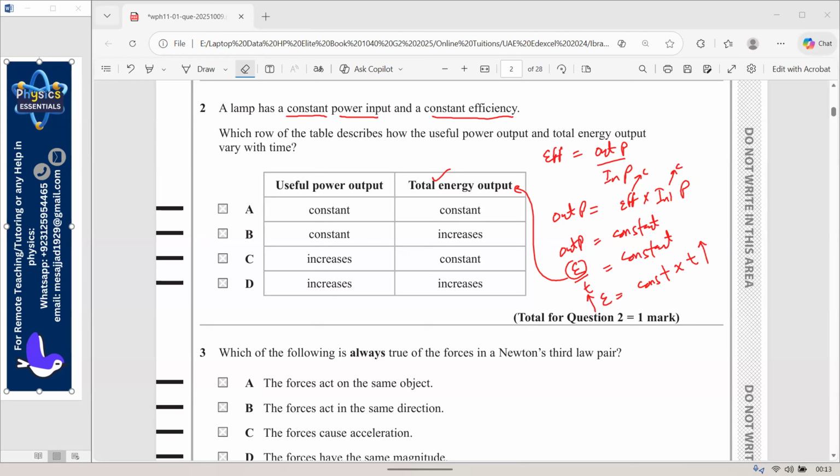That is called power, because power is energy over time. Rate of consumption of energy is called power. So power is always constant for anything, because a bulb, engine, gadget, it always consumes power at a constant rate. So that is always constant, whereas the energy output keeps on increasing if you're using it for an extended time. Therefore, the option for this question is B.